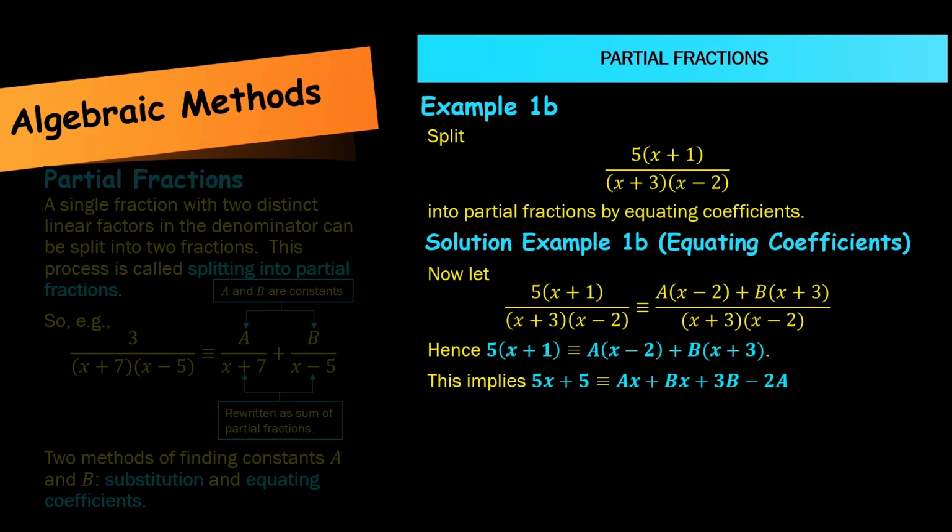Now let's multiply out. So on the left hand side we have 5x plus 5, and on the right hand side, if we multiply and tidy up, we have ax plus bx, we've put the x's together, plus 3b minus 2a, we've put the constants together.